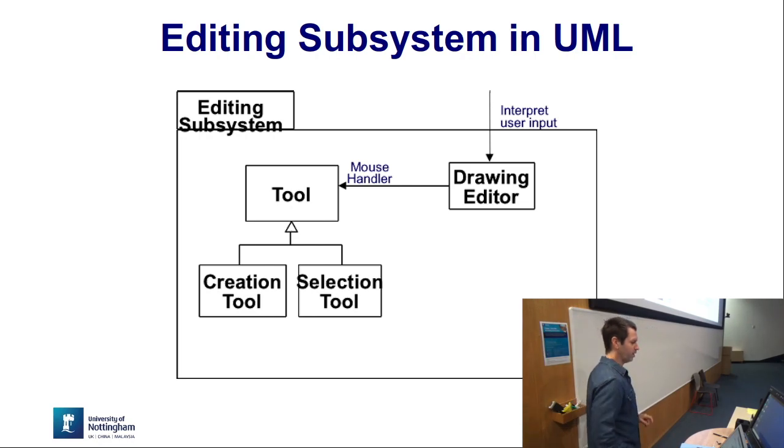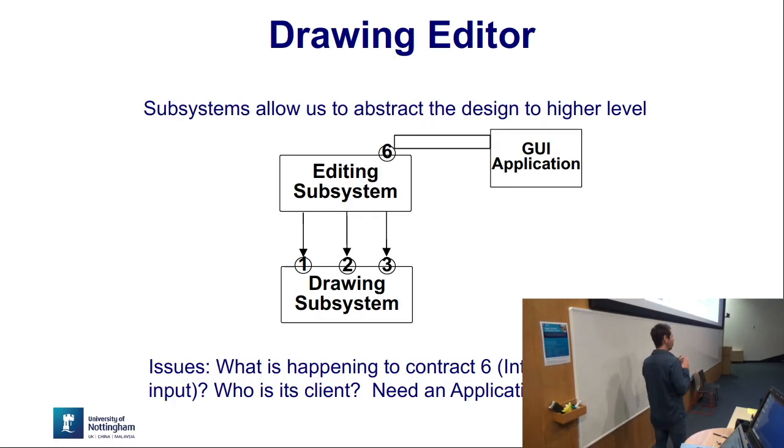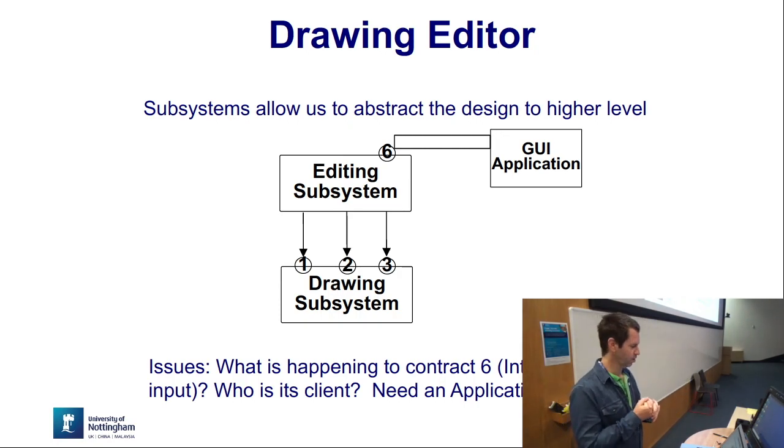And then we can abstract the design of the drawing editor application up to subsystems, just subsystems. So here's a GUI subsystem, here's an editing subsystem, and here's a drawing subsystem, right?